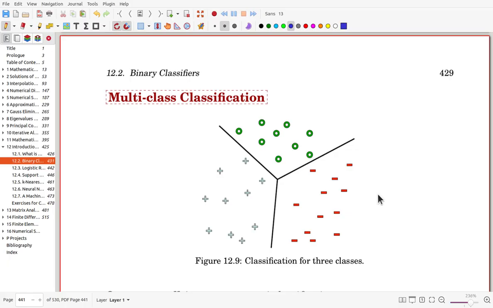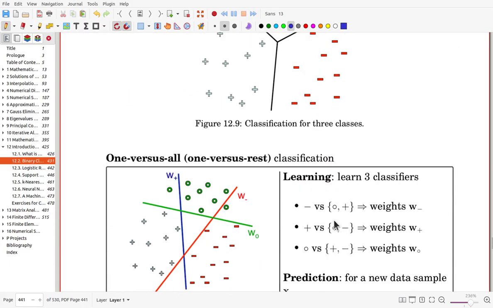Let's see this figure. We have a 3-class data set, with plus, O, and minus points. For that, the major technique is one versus all, or one versus rest.